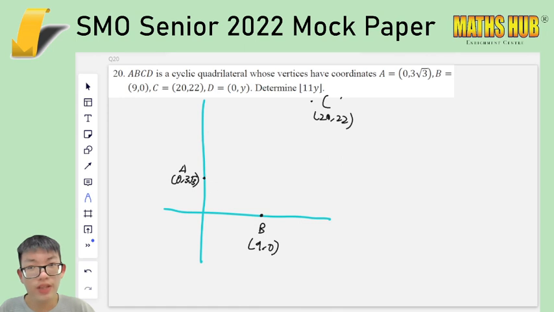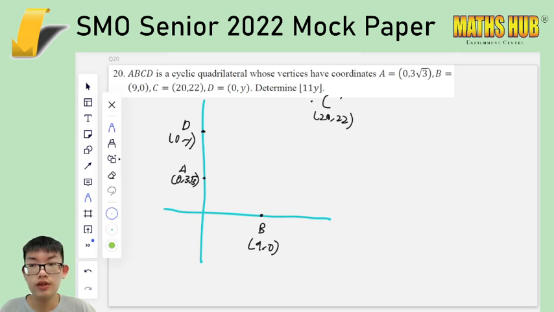Roughly speaking, you can probably say it should be somewhere about here. Maybe because of the fact that angle ACB should be equal to angle ADB. So roughly it looks something like that. Okay, I'll just erase that stray mark over there.